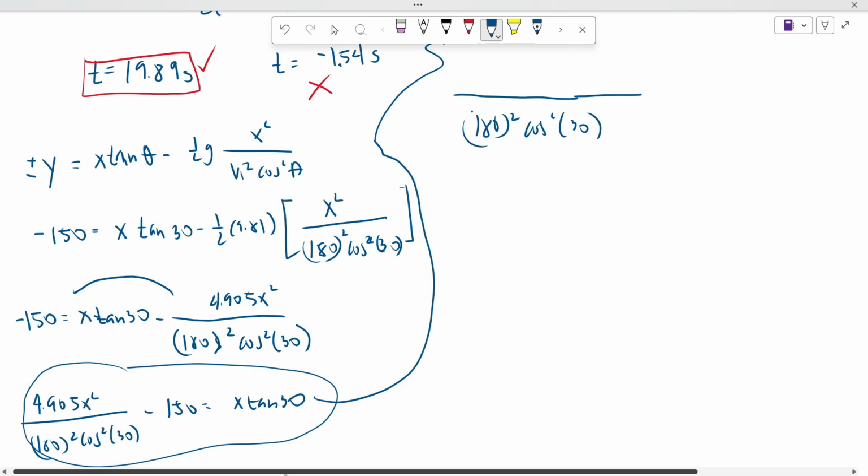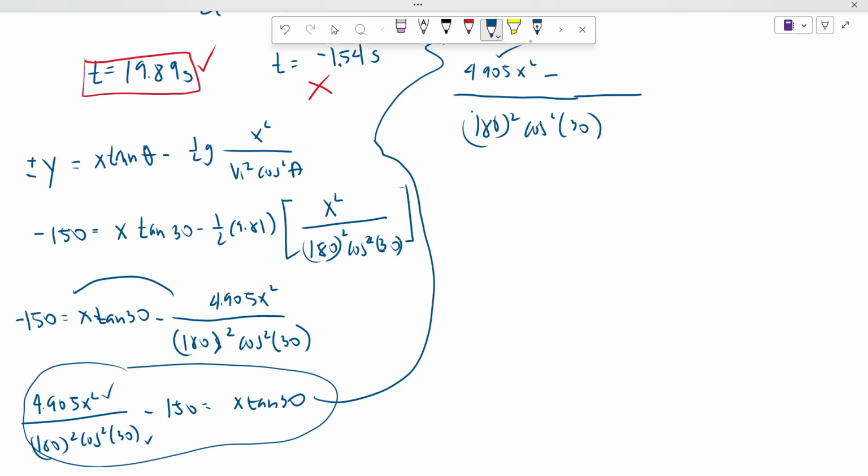So, ito niyan is 4.905 x squared minus. Itong 180, i-divide natin dito since 1 na lang, then times sa taas is 4.905 x squared. So, ito naman 180 squared cosine squared 30, multiply natin sa 150. So, minus 150 of 180 squared cosine squared 30 equals to x tangent of 30.